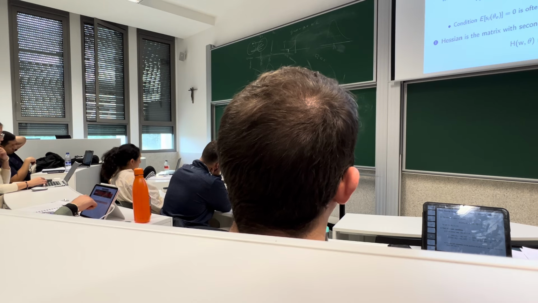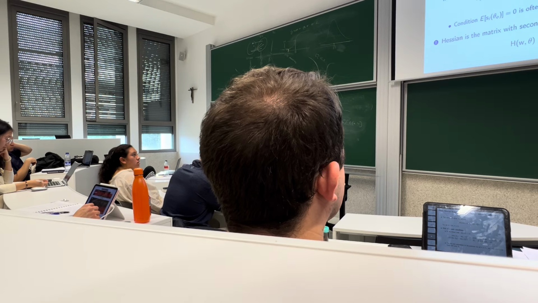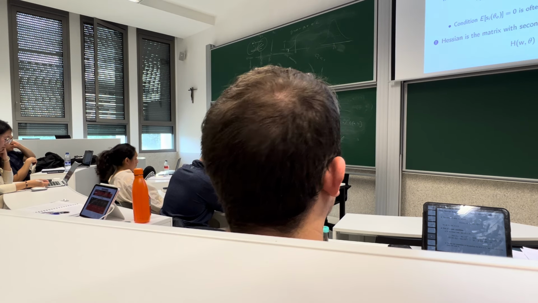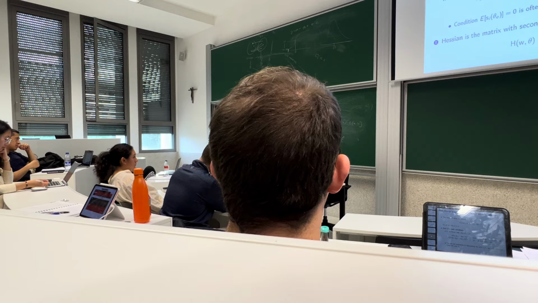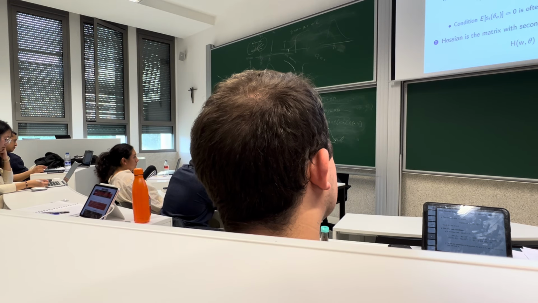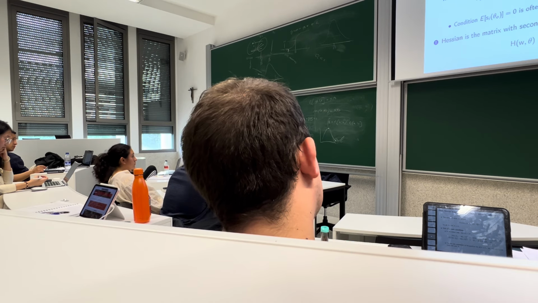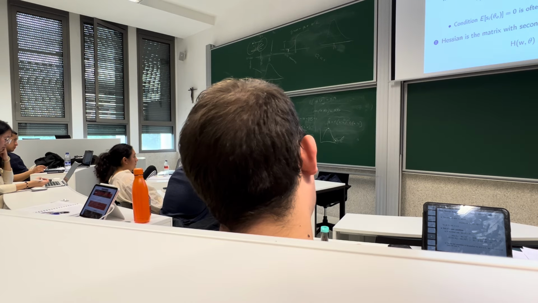If you don't remember this, especially in this case, the score, as we generally refer to it, is going to be a vector of first derivatives of the problem. The Hessian is the matrix that contains second derivatives.